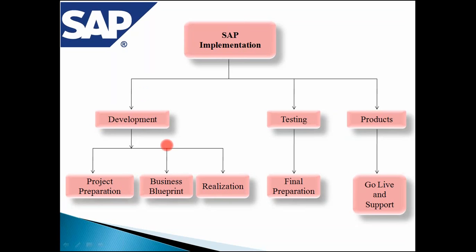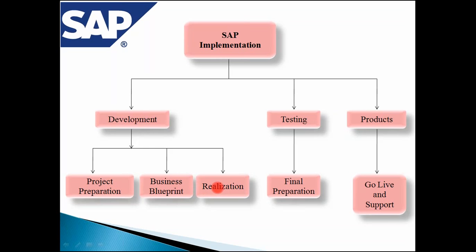So in the project development stage, we have project preparation. At this stage, you have to understand how the project is prepared to begin with. Our blueprints, what are the stages involved?